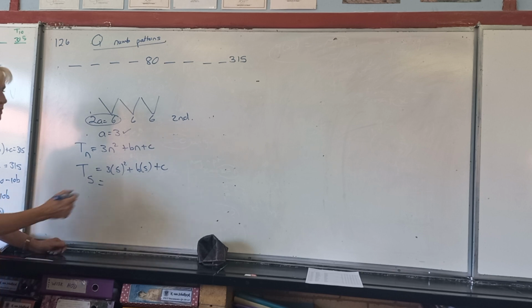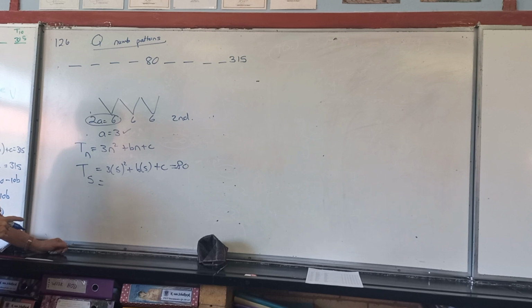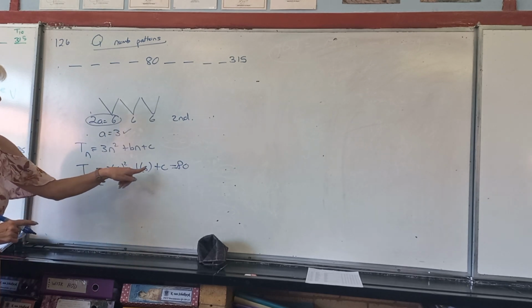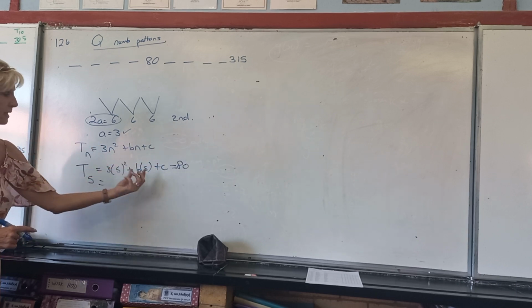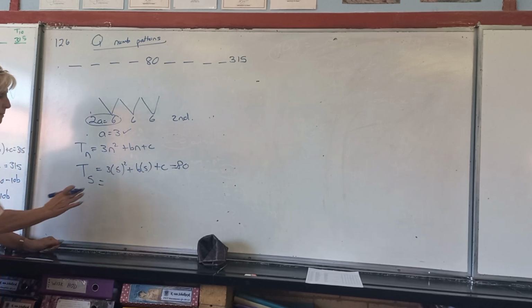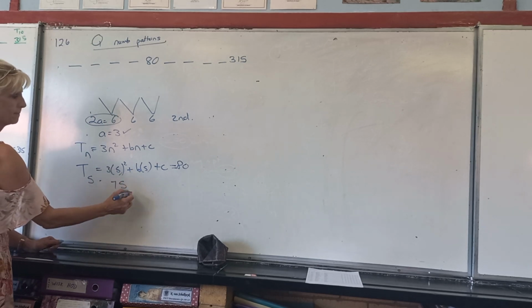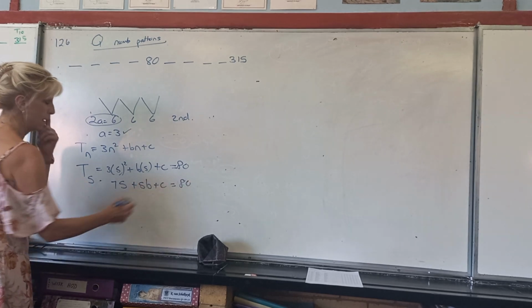It's not an expression, it's actually an equation. Where's the 80 coming from? Term 5 is 80. So there's a relationship between the b and the c. Let's simplify that a little bit and say this is going to be 75, am I right? Plus 5b plus c is equal to 80.